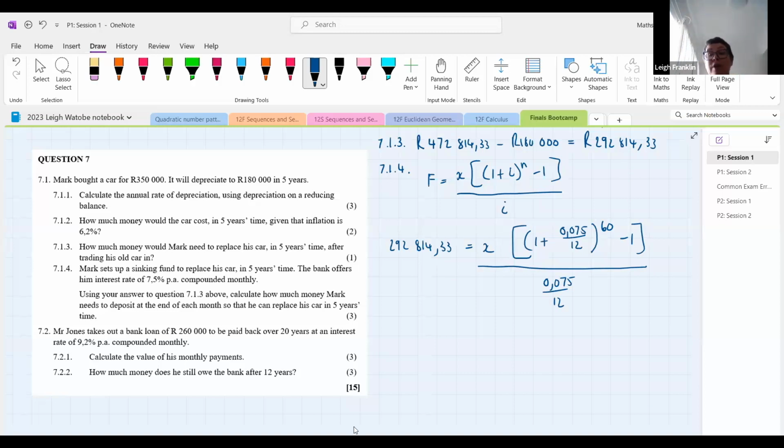And now you need to rearrange and solve for x. Okay, so this part, you're going to cross multiply your F value with your i, and then you're going to divide that value by the brackets. Okay, but all of that can be done on the calculator. Do you want me to show you that on my calculator, or are you happy with me just saying that? Do you know what to do there?